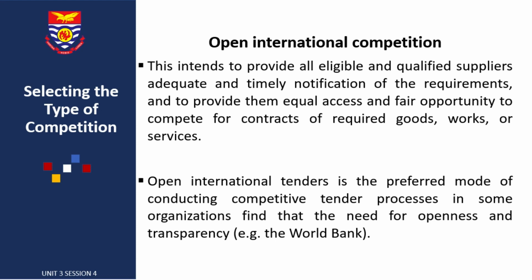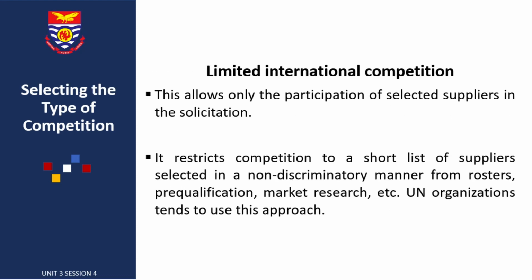So, these are the two types of competition: the open international competition, and then we come to the limited international competition. This allows only selected suppliers to be eligible for the contract in the solicitation.